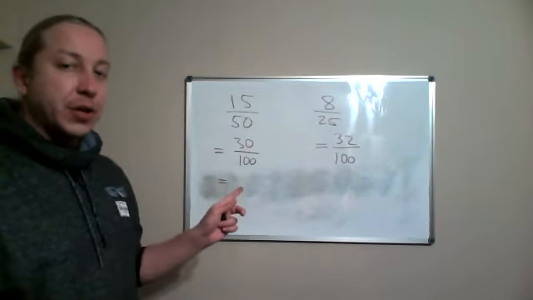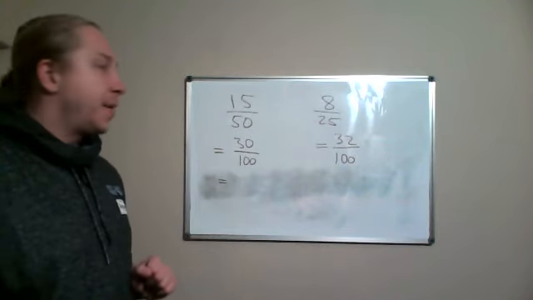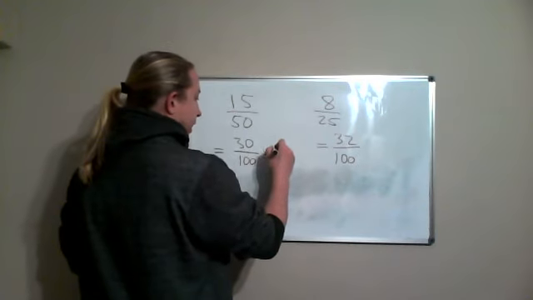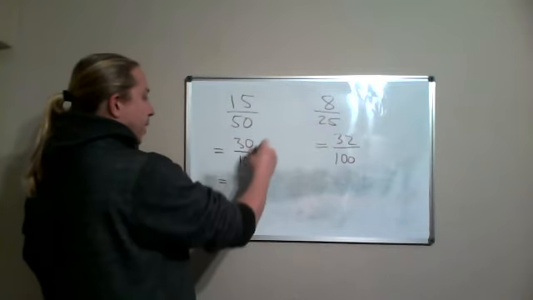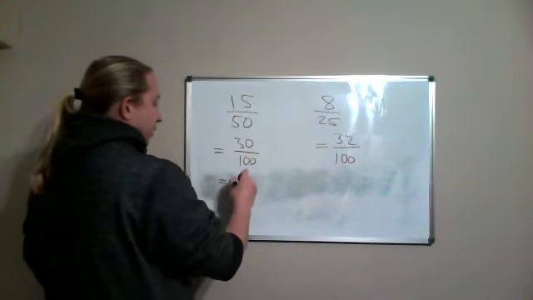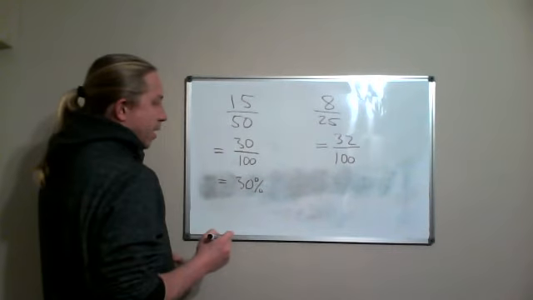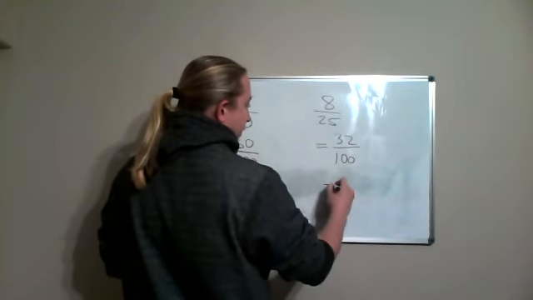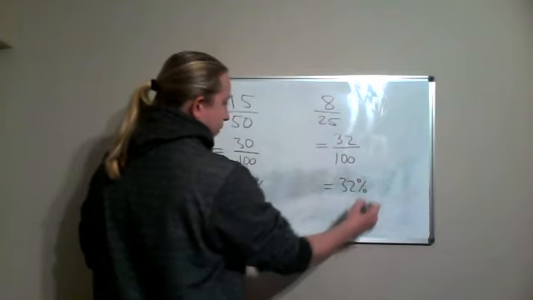If I have a fraction, which is what I have now, to get to a percent, I multiply by 100. So what I'm going to do, I'm going to multiply by 100 here, and the 100 will cancel. So we'll have 30%. Okay. And this here, we multiply by 100. The hundreds cancel. This equals 32%.